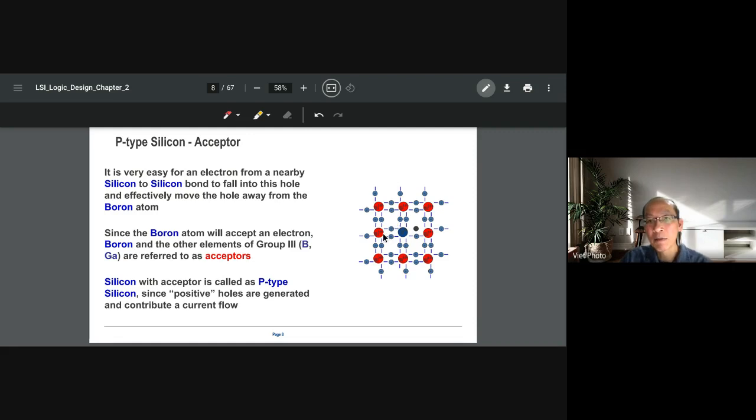It goes out, but when it loses energy, it falls back into this hole. It's as if the hole moves from left to right, no, right to left, sorry. The electron moves from here to here, which causes a hole here, so it looks like the hole moves from right to left. This hole movement is what they call p-type silicon.